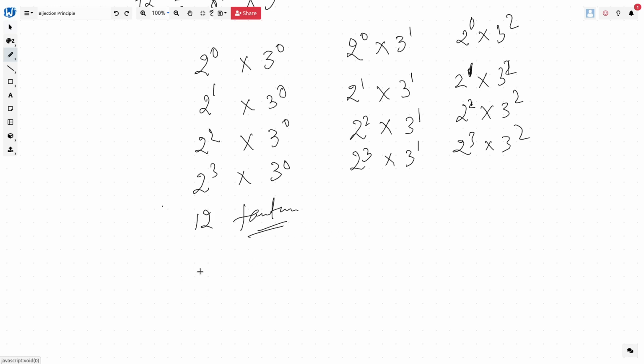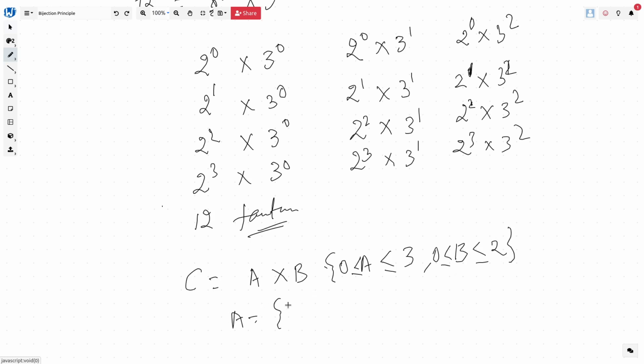We define the set C here as A Cartesian B, where A is between 0 to 3 and B is between 0 to 2. So this is nothing but the Cartesian product of A, which is 0, 1, 2, 3, and B, which is 0, 1, and 2, right?